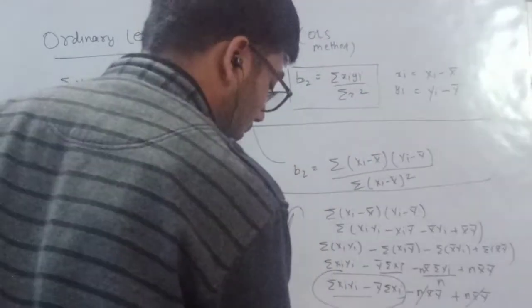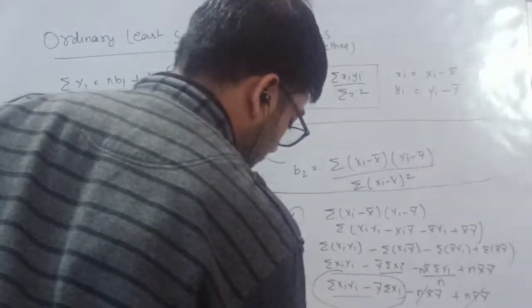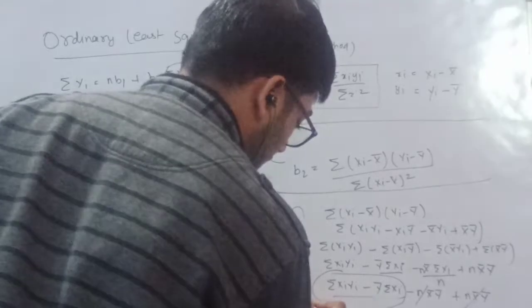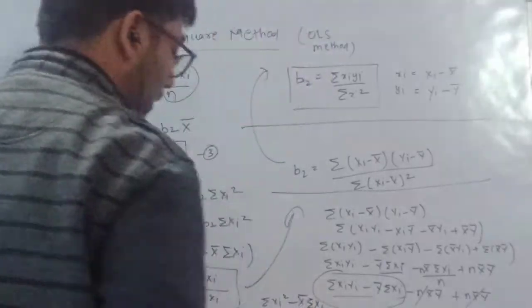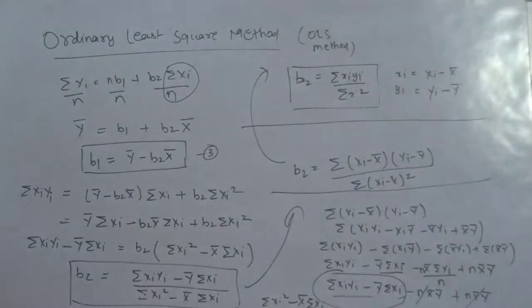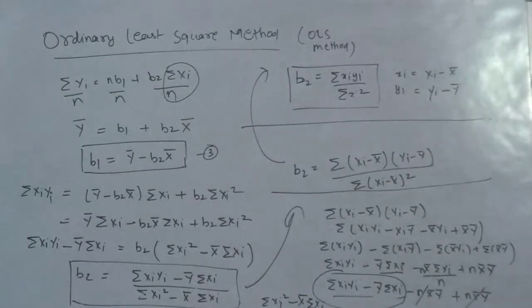I think the board will not be visible. Summation xi square minus xi summation x bar summation xi, and this is exactly the same. So I hope this will be clear to us.